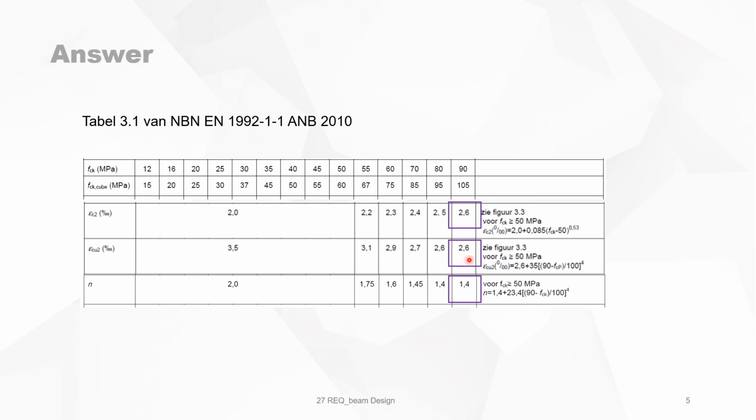So this means that there is only a parabolic part of the stress-strain curve of the concrete. The 1.4 is the exponent of the parabola relationship. So epsilon_cu2 is 2.6, epsilon_c2 is also 2.6, epsilon_ud, the maximum strain in the steel, is 10 per mil, and the exponent n is 1.4.